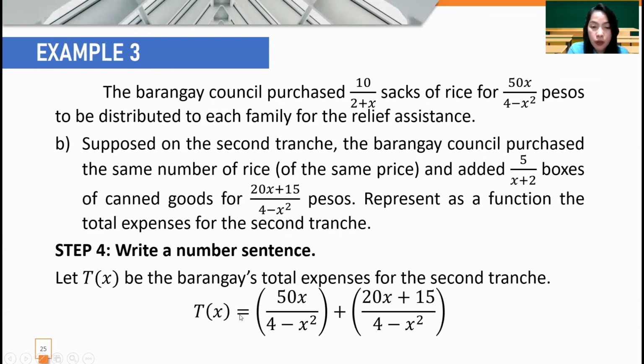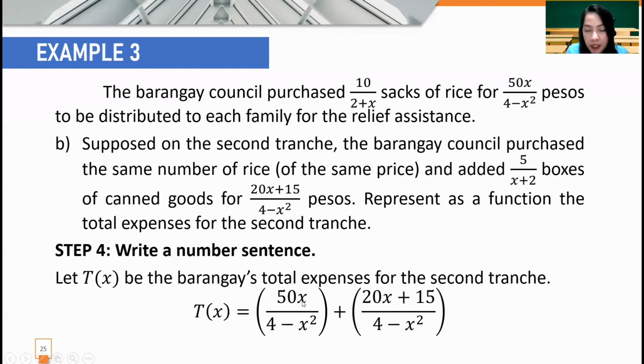T of X equals, since ang tinatanong ay yung total expenses, kunin mo lang yung total cost given the purchased sacks of rice, that is 50x all over 4 minus x squared, plus, ito naman yung total cost for the additional canned goods.